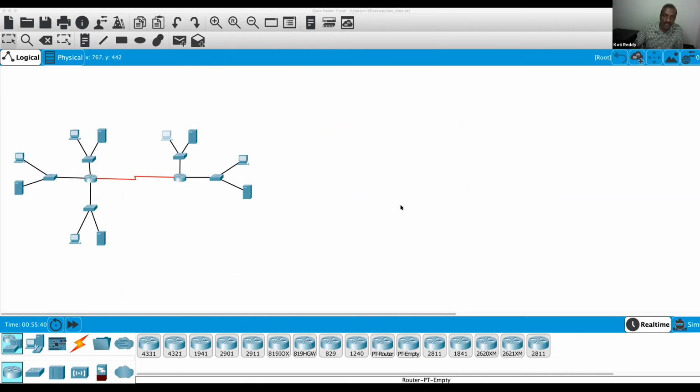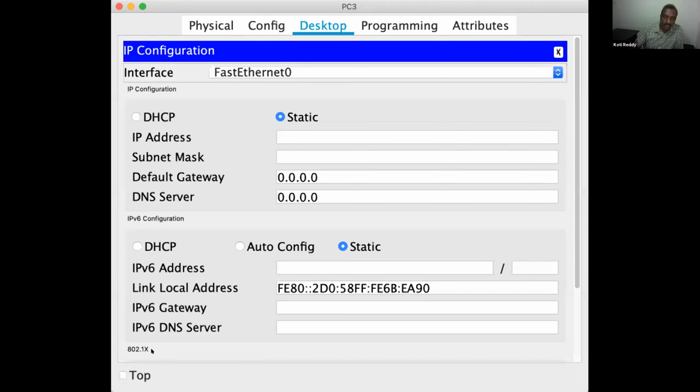Now let's go to the branch office. Branch office client, Vivo1A client. What's the IP address of the Vivo1A client now? 1.230, so 192.168.1.230.